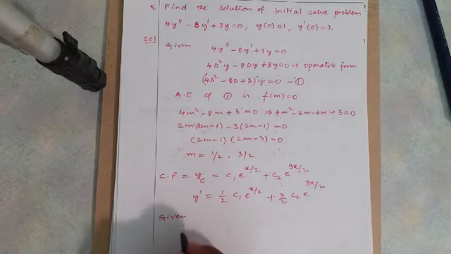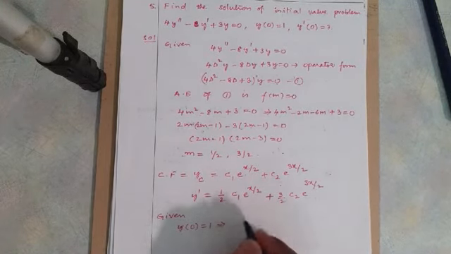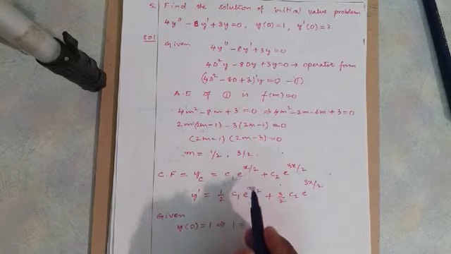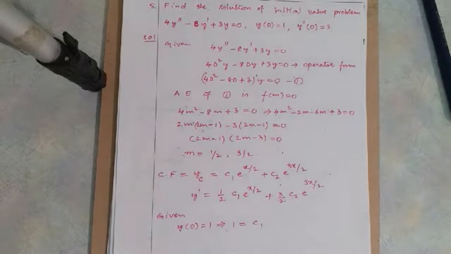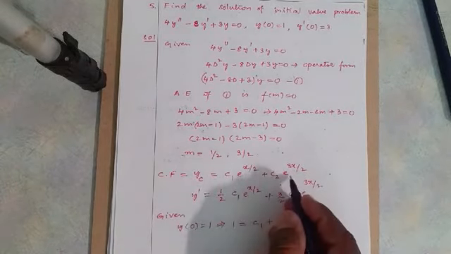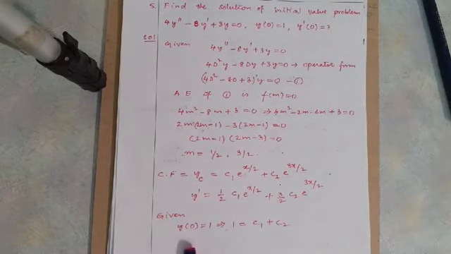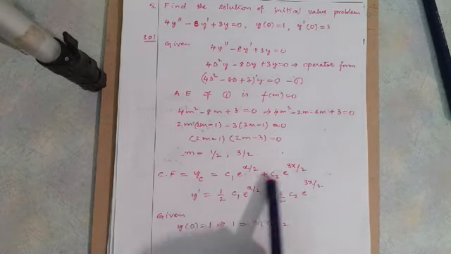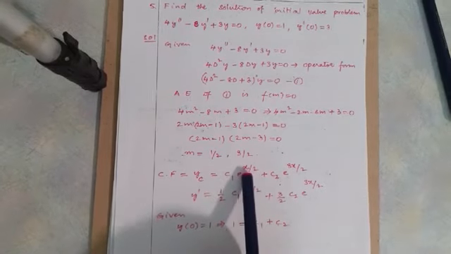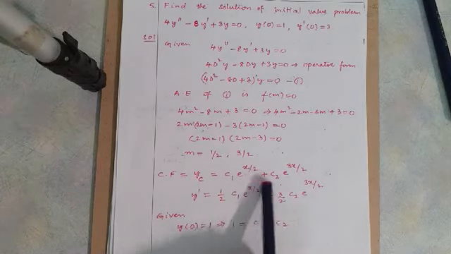So when you write y(0) = 1, this implies 1 = c1 e^0 + c2 e^0. Here e^0 is 1, e^0 is 1, so only c1 + c2 is left.